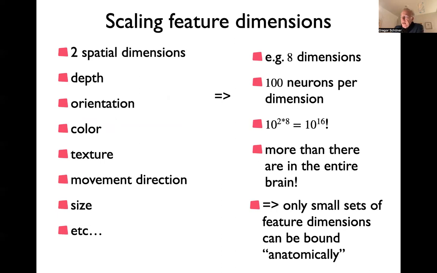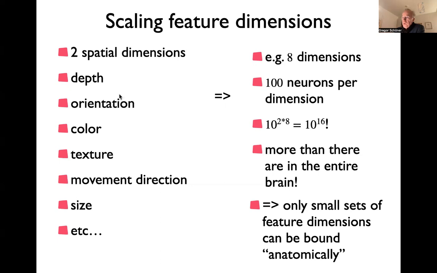It's kind of obvious that if you combine many different feature values by always adding a dimension, then that's very costly, because you need a lot of neurons, a whole sampling of the space, every combination, which goes like the power of the number of dimensions.